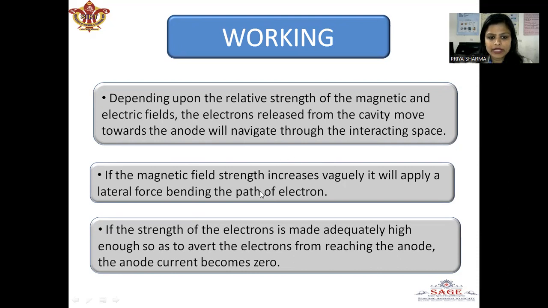In the absence of the magnetic field, the electron travels straight from the cathode to the anode due to the radial electric field force acting on it. If the magnetic field strength is increased slightly, it will exert a lateral force, bending the path of the electron. If the strength of the magnetic field is made sufficiently high to prevent the electrons from reaching the anode, the anode current becomes zero.